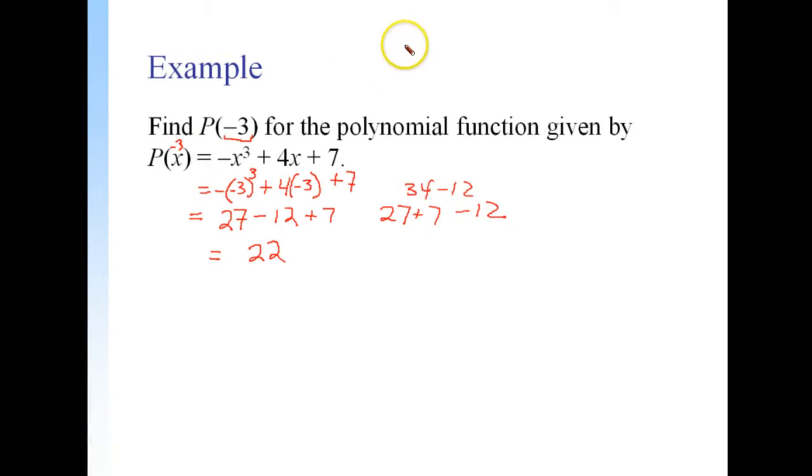So remember, I don't know if we mentioned this before, but let me go over it. We have input and we have output. We are inputting a -3 into this function here, and our output is going to be 22.